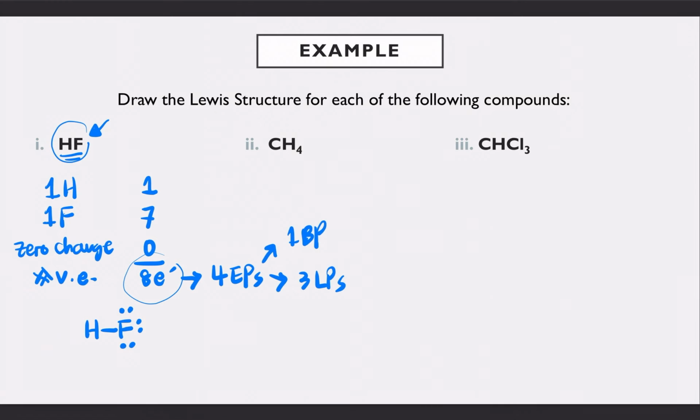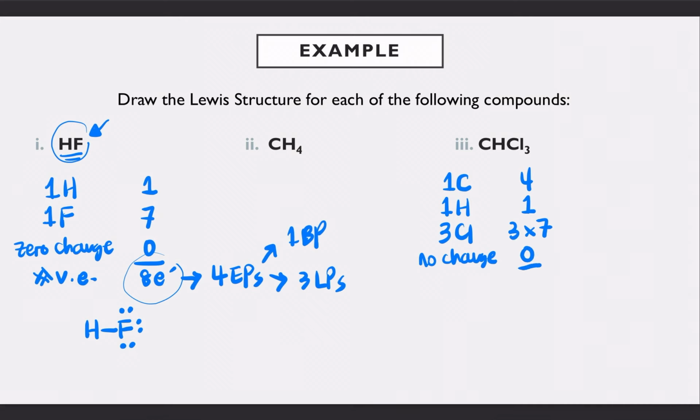CHCl3. Okay, let's try doing that. We have 1 carbon, 1 hydrogen, and 3 chlorine, and no charge. Okay, so carbon is in group 14, so it has 4 valence electrons. Hydrogen is in group 1, and we have 3 chlorine.